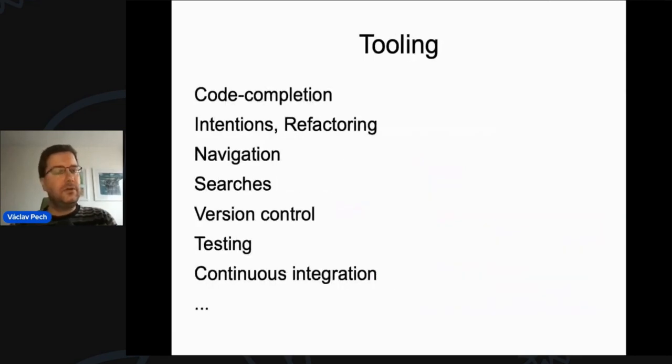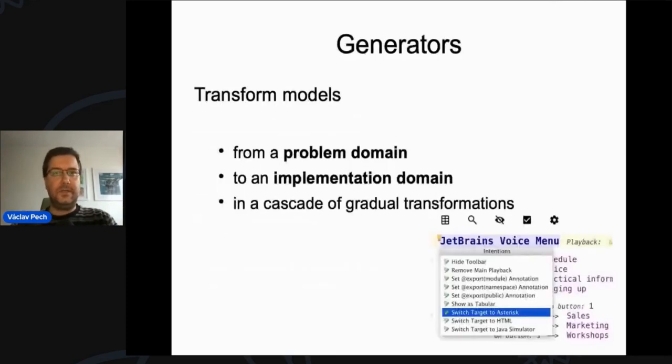So tooling like code completion, intentions, error reporting, there might be refactorings in there, and testing, and also version control. Obviously, the models, the menus you've seen, can be versioned in Git, and you can have branches, and all those bells and whistles that are very important for usual software development. You can have it also for domain-specific language development.